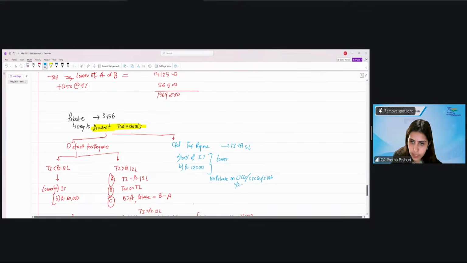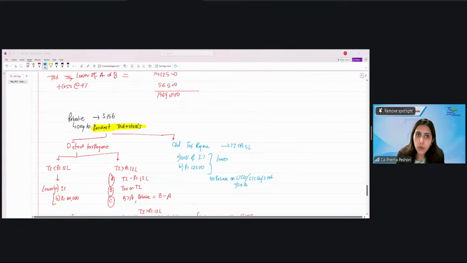LTCG under 197. Because if you look at these sections which are there, 196, 197 which are there, these specifically say that the rebate shall not be given. Right? So 197, 196, you will not get any rebate. Are we clear? Okay.